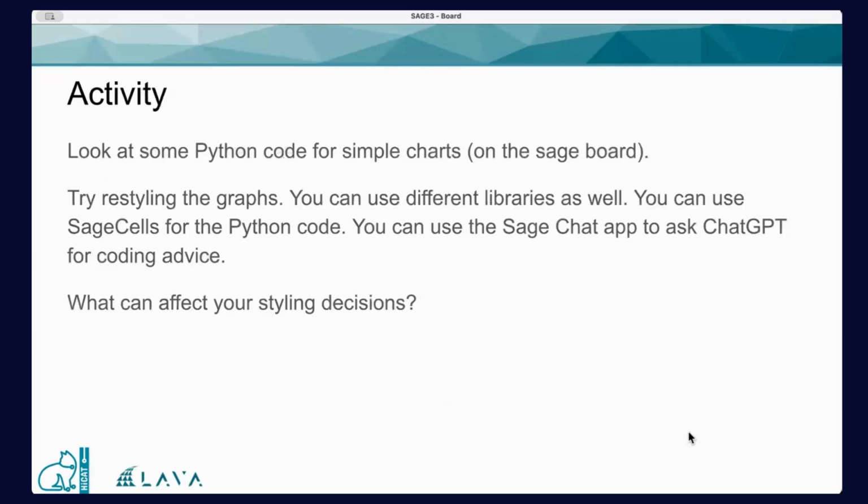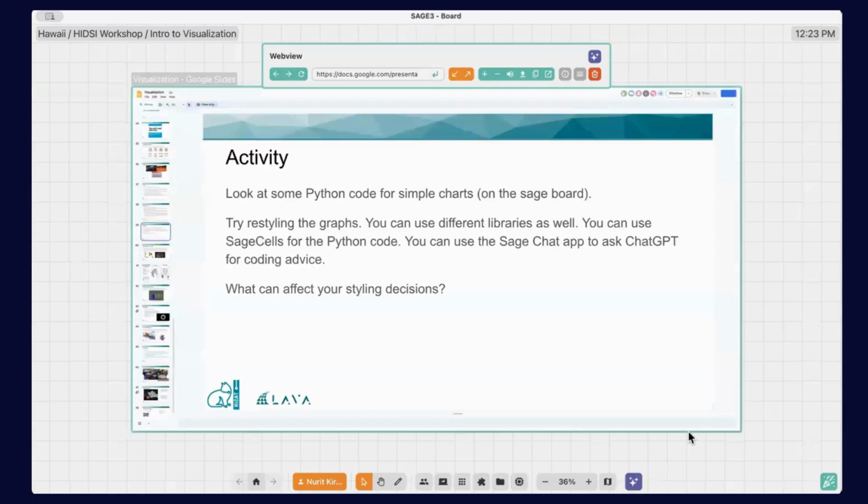Okay, so I want us to do another activity. It's going to begin on the stage board. And I want us to look at some simple charts. I think the ones that we're looking at are line graphs, bar graphs, and pie charts.